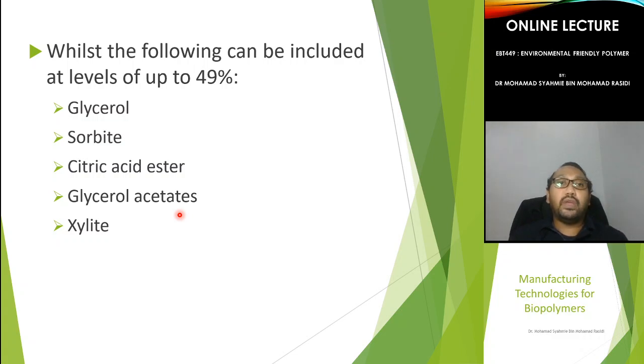Whilst the following can be included up to 49%. This is the importance of CERTCO, because it determines what percentage of the additive can be used so that you will not jeopardize the biodegradation of the materials.